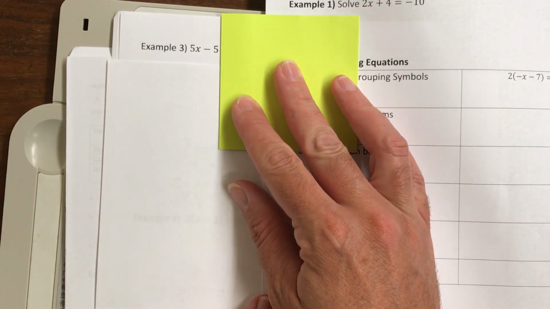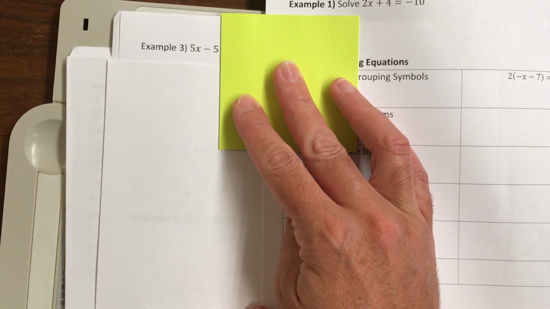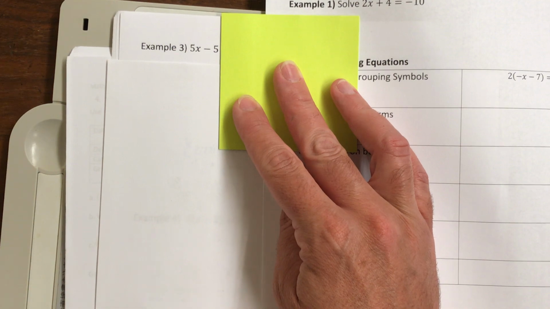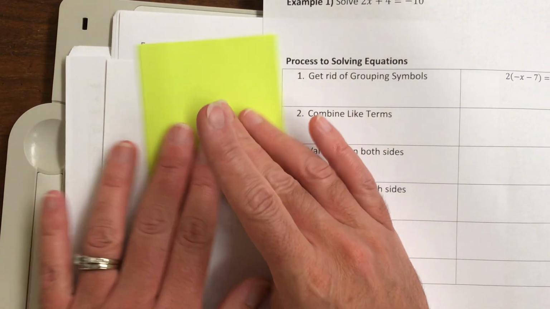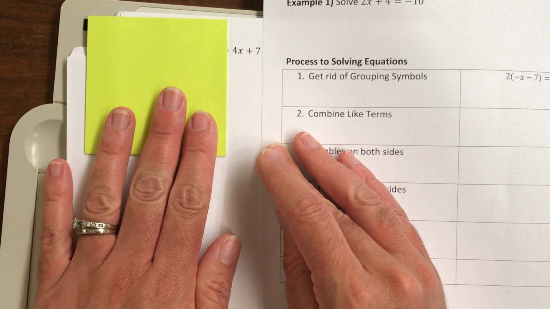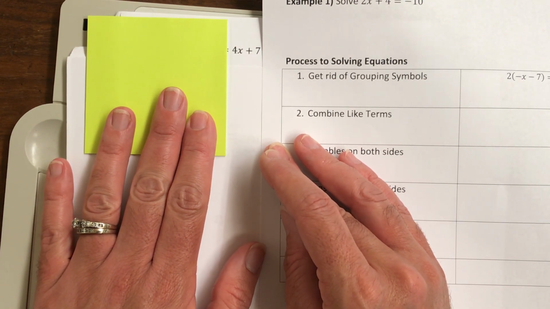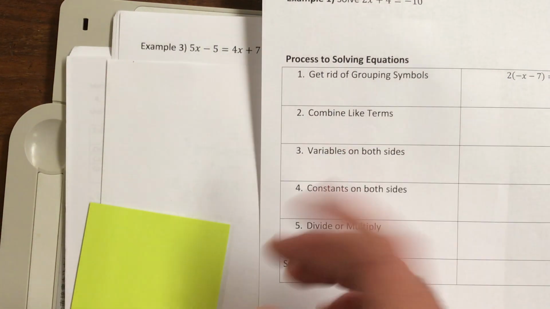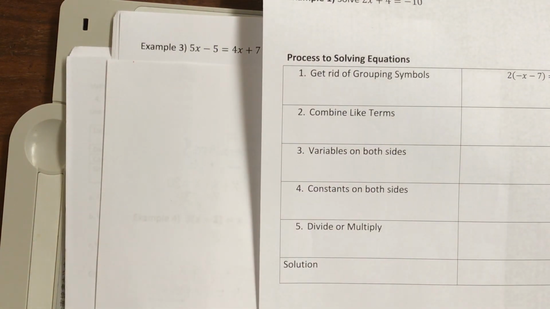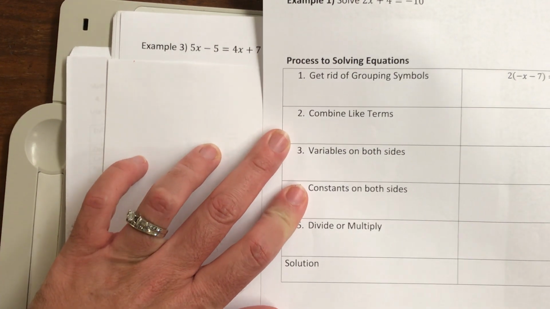So 5x minus 5, does this expression have any like terms? The answer is no. 4x plus 7, does this expression have any like terms? The answer is no. So I don't have to worry about combining like terms because there are no like terms.